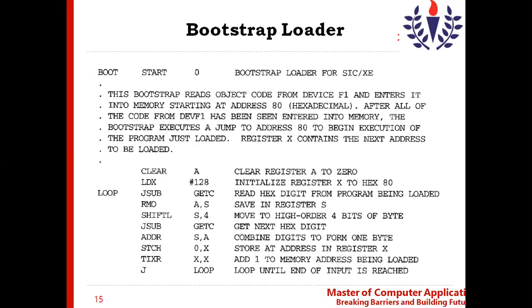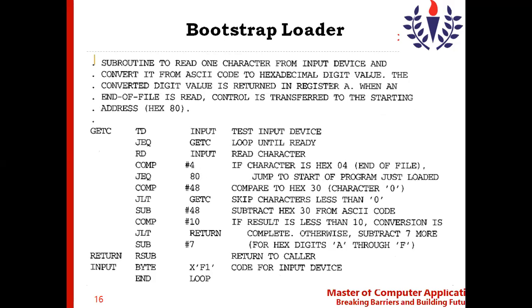Then it continues with the remaining things, like, once the conversion is done, loading into the respective locations, incrementing the address, and then again calling the subroutine. This process is repeated till it reaches the end of the program.